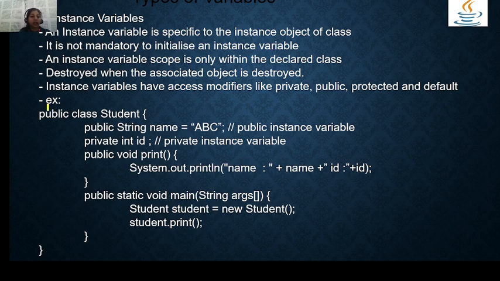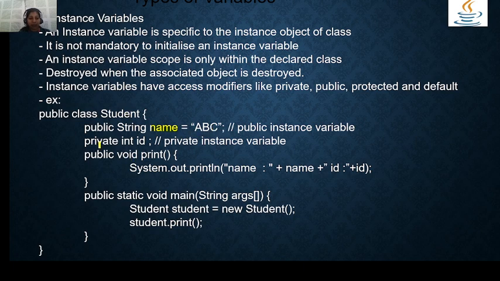This is our class, public class Student. In the Student, we have public String name is equal to ABC. So the instance variable will be name, ABC. This is the instance variable as it is defined inside the class, with the variable value ABC.